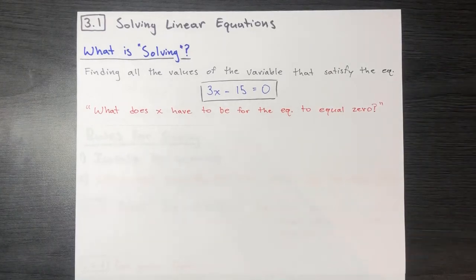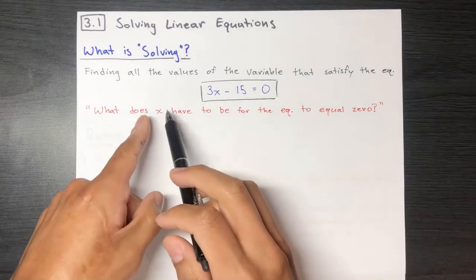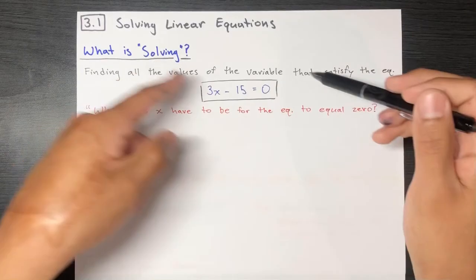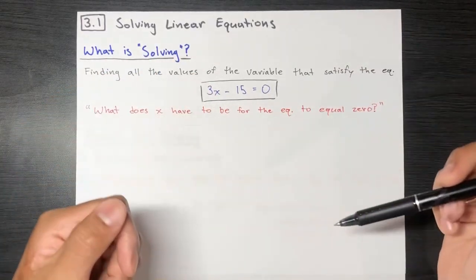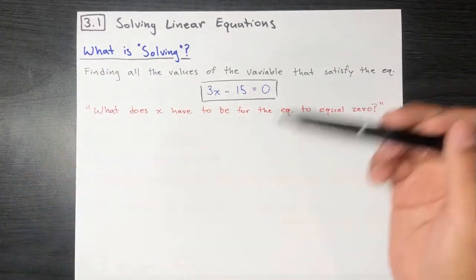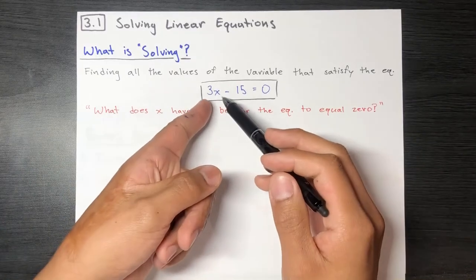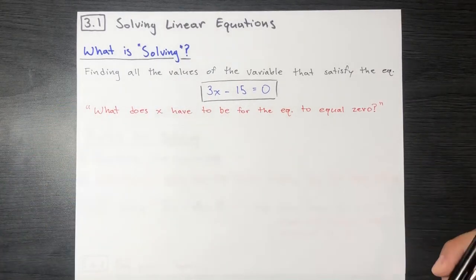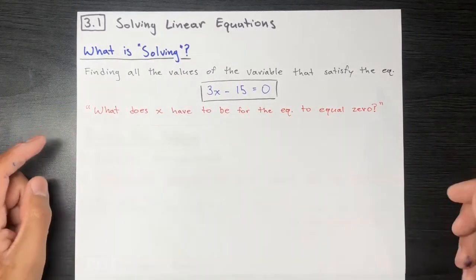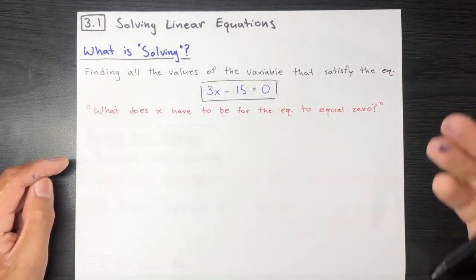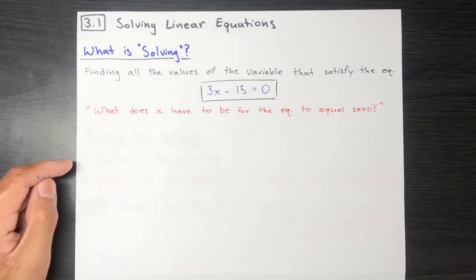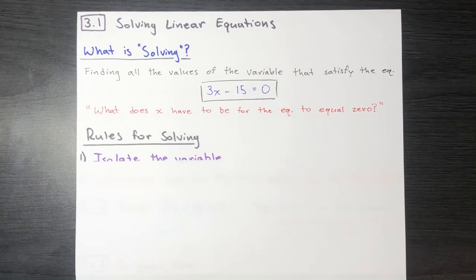The only thing that you can change is the variable, which in this case is x. So ask yourself every single time, what does x have to be for the equation to actually equal 0?